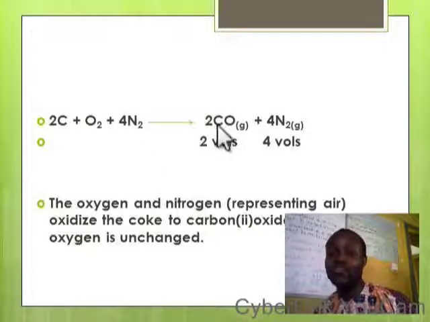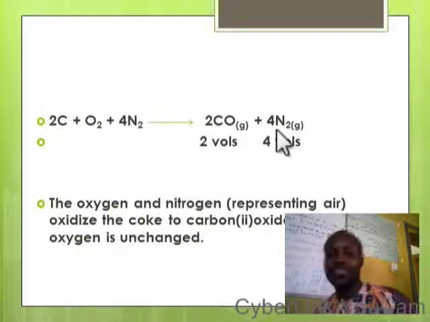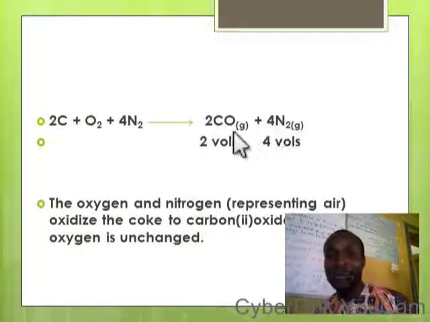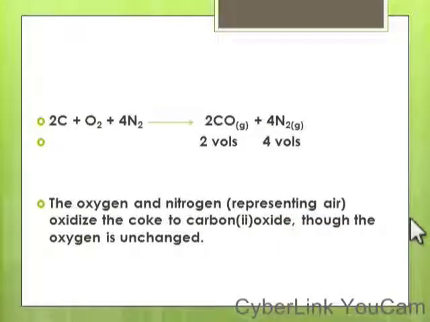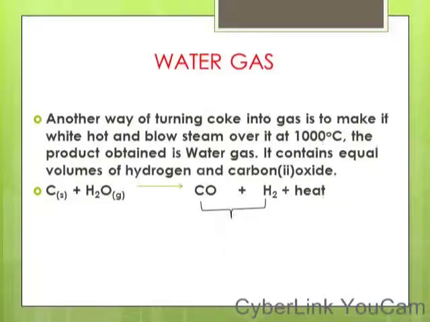So it's going to give CO plus N2. If you have an arrow, you can create an arrow to link these together, showing you that they are just one. The oxygen and nitrogen representing air oxidize the coke to carbon(II) oxide, though the nitrogen is unchanged.